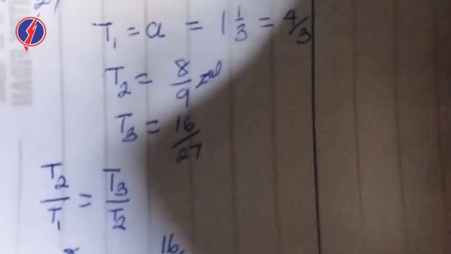Alright, since it's not a whole number, it's a fraction, for us to make it easier for solving, we have 8 over 9, which is the same thing, divided by 4 over 3.